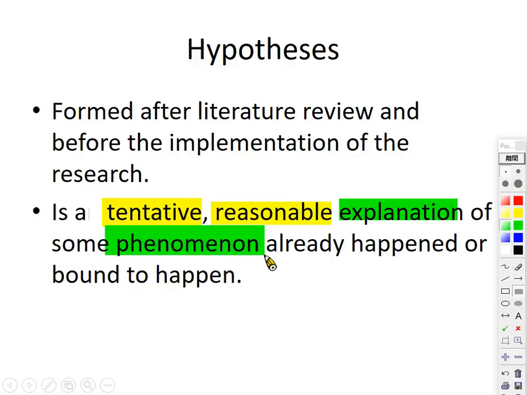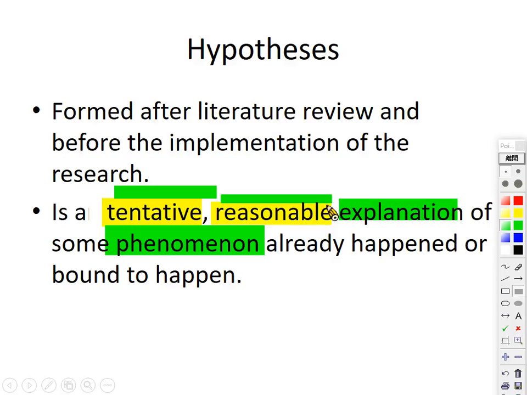So basically, whenever we encounter some phenomena, we will give it an explanation, right? And this explanation, if it is tentative and reasonable, then we call it a hypothesis, 假设, hypothesis. So these two words are very, very important: tentative, reasonable.